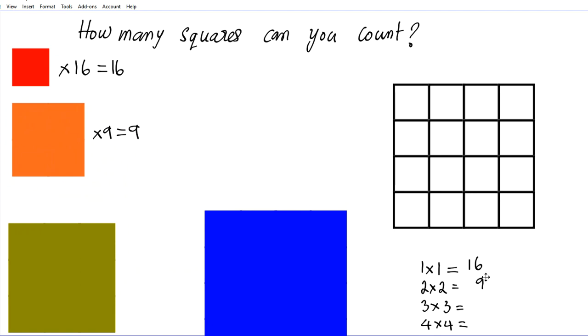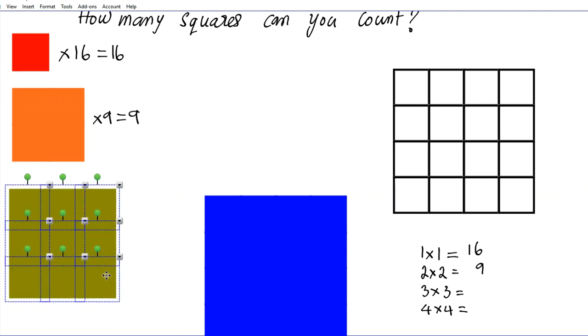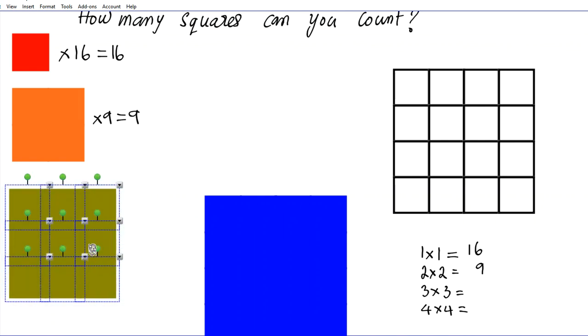Now if we level it up by one more square, we have the 3 by 3s. So the question is, how many of these 3 by 3s do you see in this figure right here? Let's go ahead and count it. So we have the following.